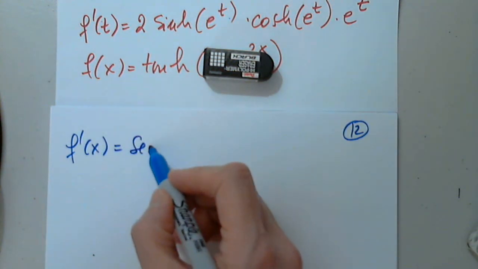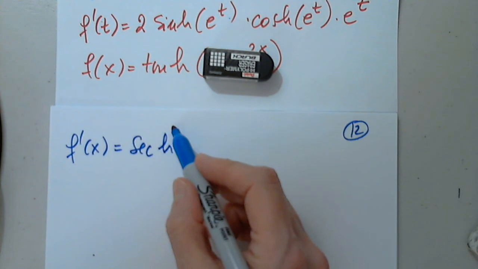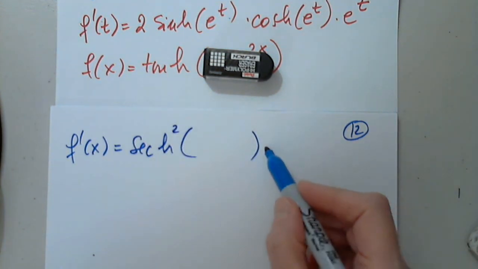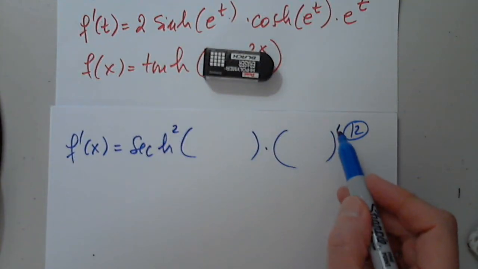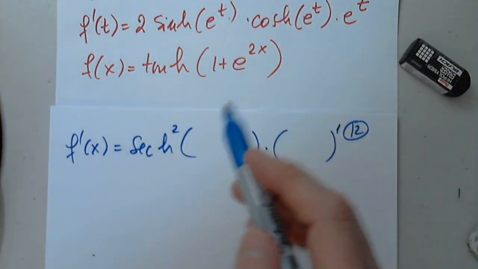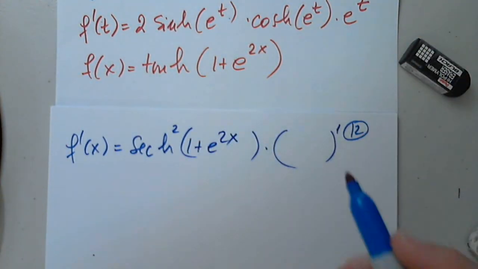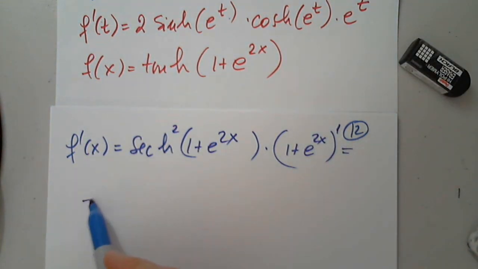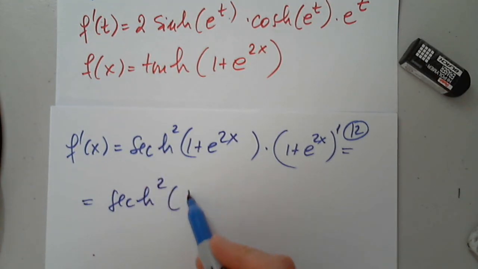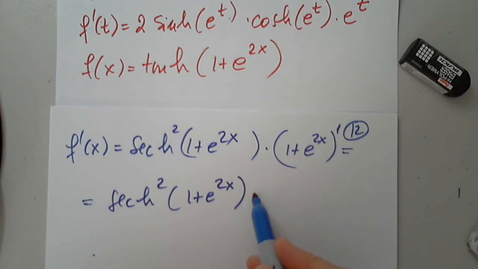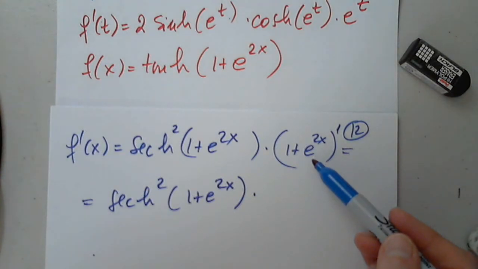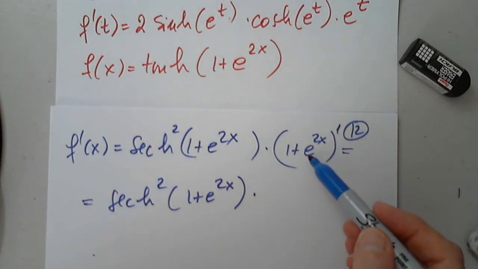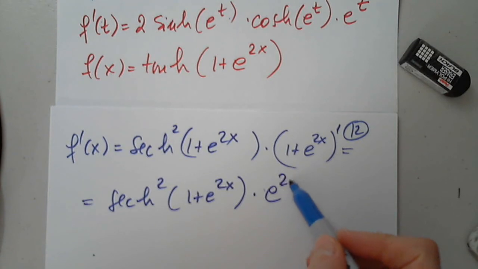We know it's hyperbolic secant squared of the function times the function prime. And now I uncover 1 plus e to 2x. The prime of 1 plus e to 2x, we cannot do anything to that. Let's copy it. And now we know how to differentiate this. 1 prime is 0. e to a function prime is e to the function times the inner function prime.